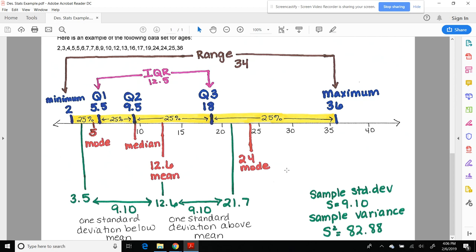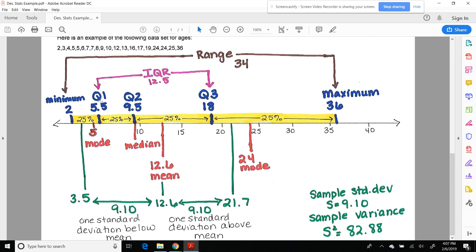But let's think about my measures of position. I'm not going to be concerned right now with percentiles, because that's a whole different formula and a different topic, where I divide the data set into 100 even parts. Let's talk about quartiles. So I know I have a Q1, Q2, and Q3.